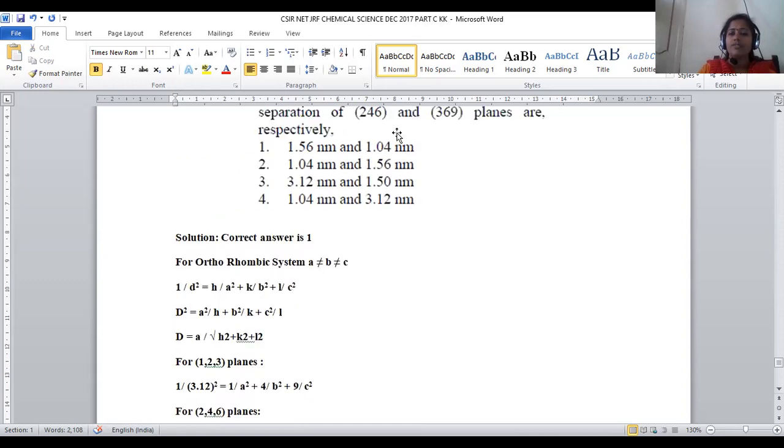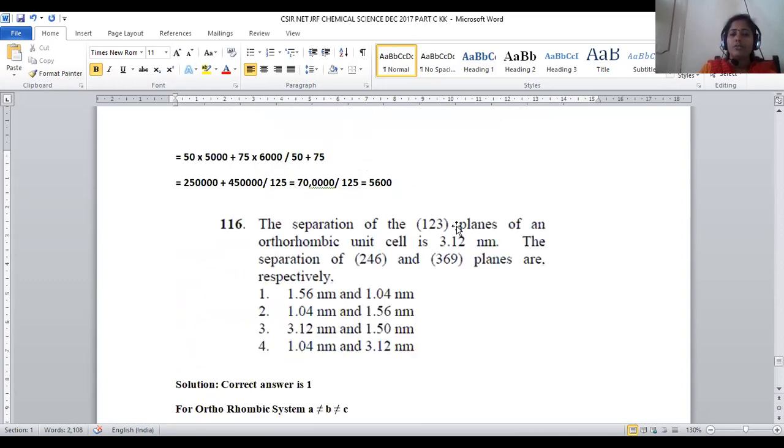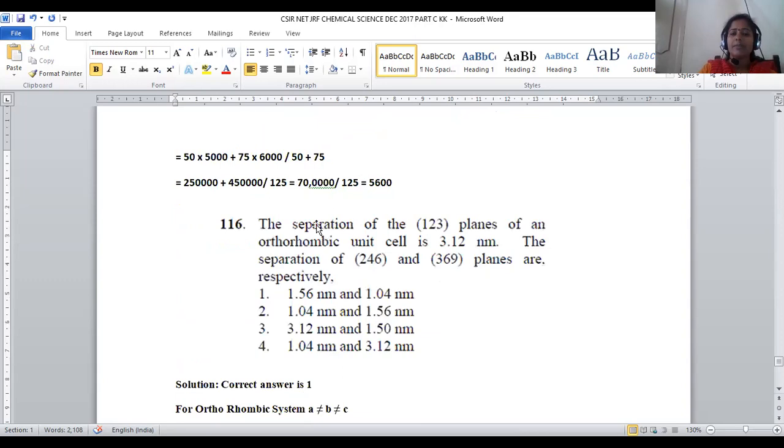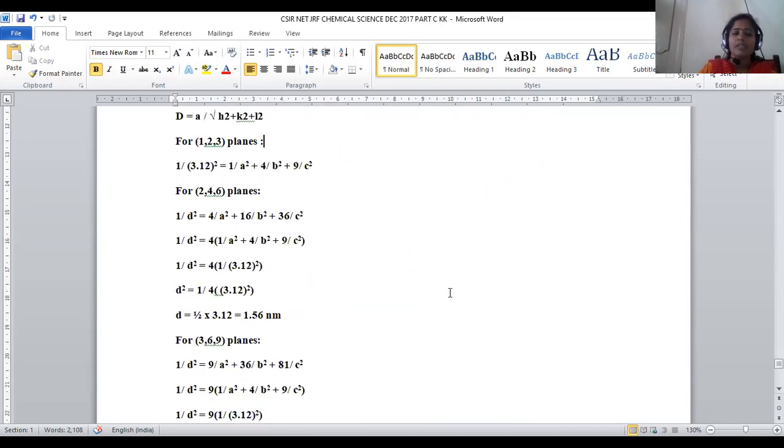So this will be applicable for these two kinds of planes. Let us see, for the 1, 2, 3 plane first. If it is applied, it will be taken as 1 by d square. This d square value is already given to us. That means the energy separation for the 1, 2, 3 plane is given as 3.12.